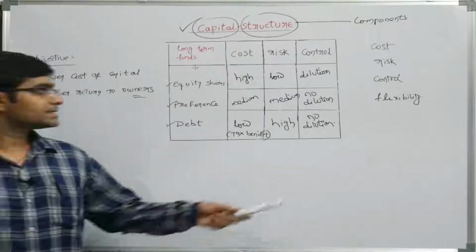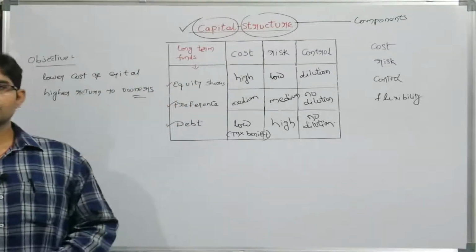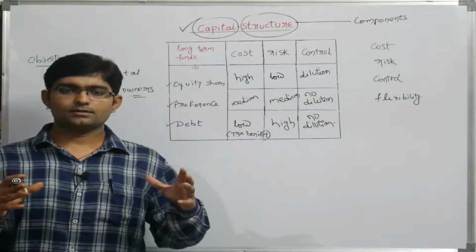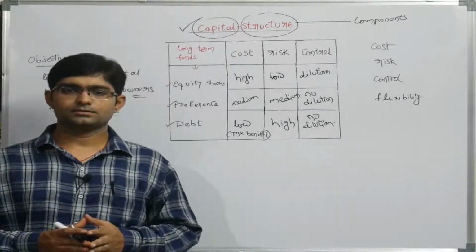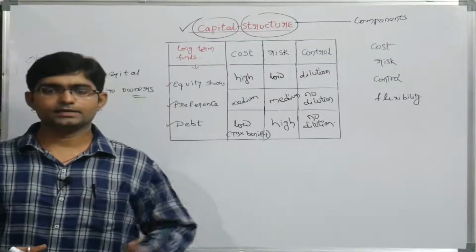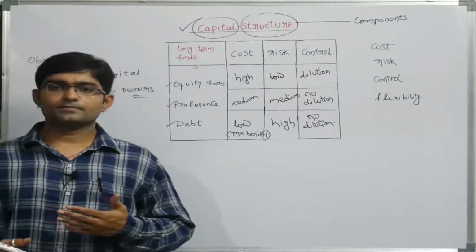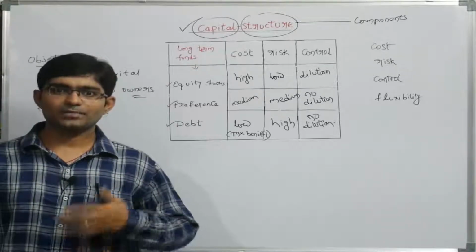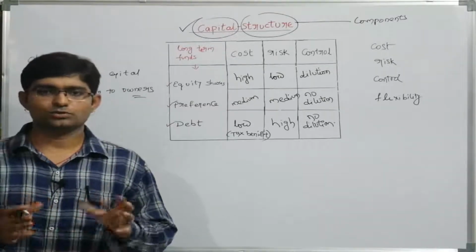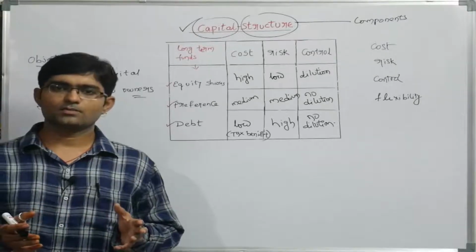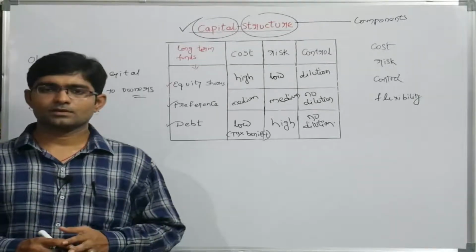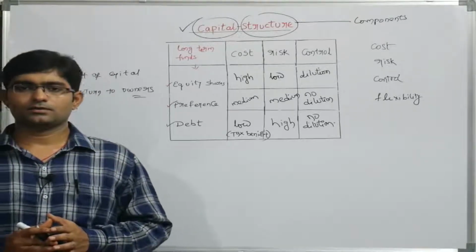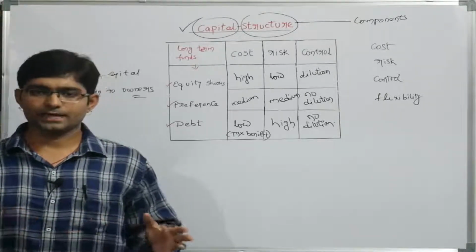The next one is flexibility. Flexibility is nothing but, when designing, we should keep in mind that if in future I want to change this capital structure, is it possible without much pain, without much discomfort, without taking much lag?